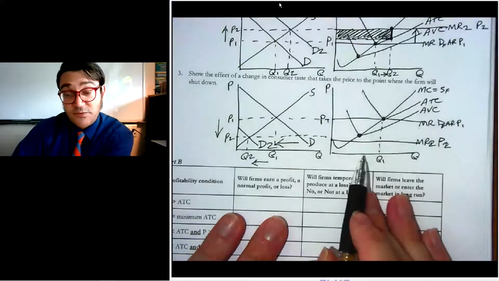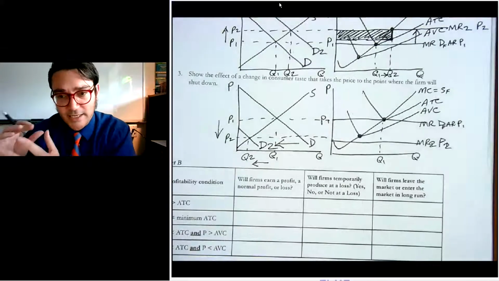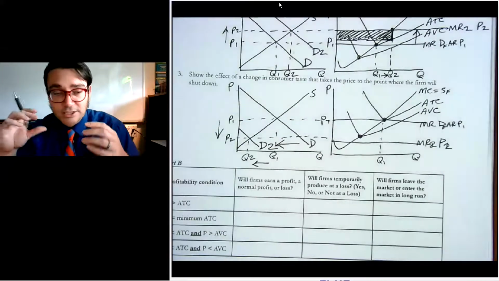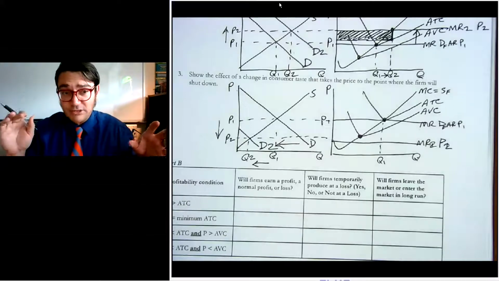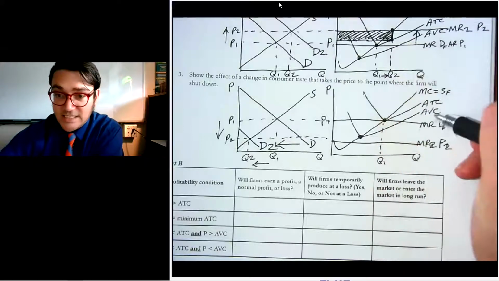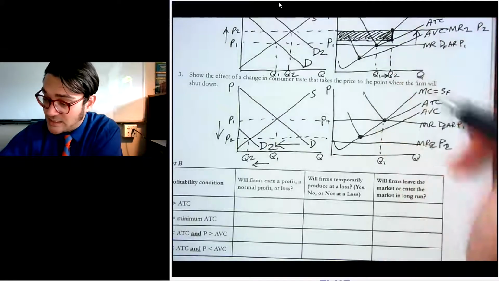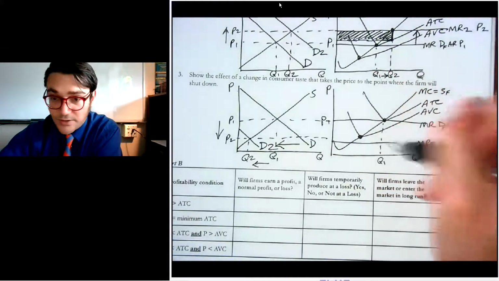Now, here's the question. This firm is shutting down, but we still want to be able to shade where the loss rectangle is. One way to do it is to just pick any quantity value that you want, and just connect the ATC and the AVC lines. It could be the one where they're at or wherever.